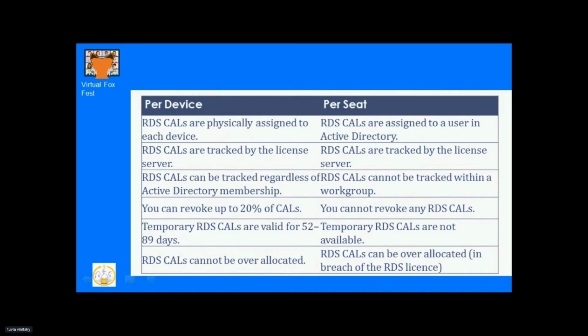If I have 500 users in my Active Directory system, all of whom at some point need to log on, I need 500 CALs. So terminal services licensing is a little bit complicated and can be expensive. The good side is that once it's set up and running, it's pretty much run it and forget it.